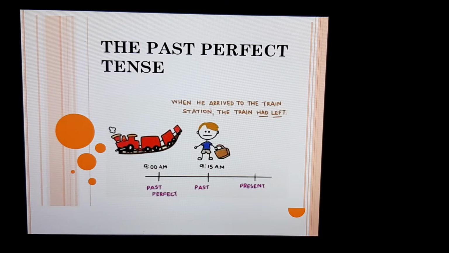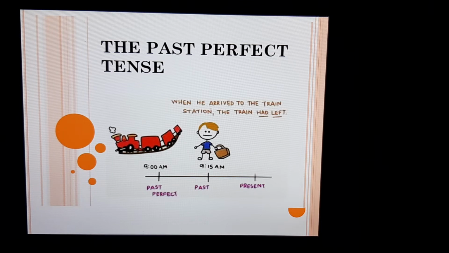Let's look at this example. When he arrived to the train station, the train had left. So we have arrived and had left. Look at the picture. The train left at 9 a.m. and the boy arrived at 9:15. So which happened first?